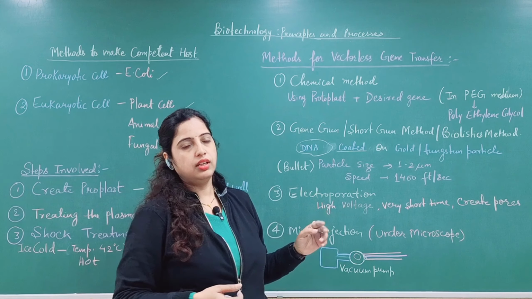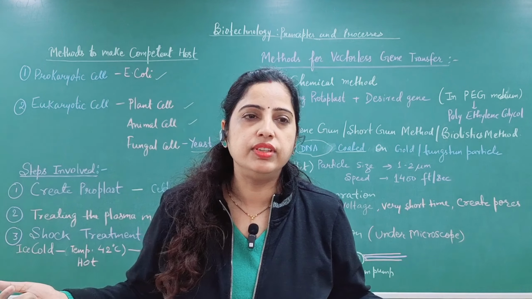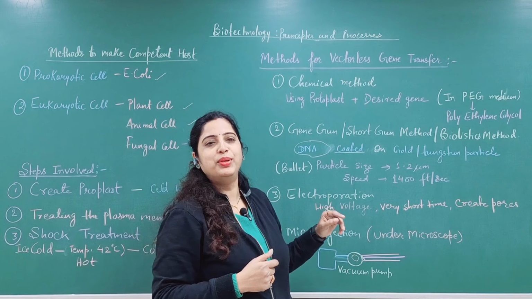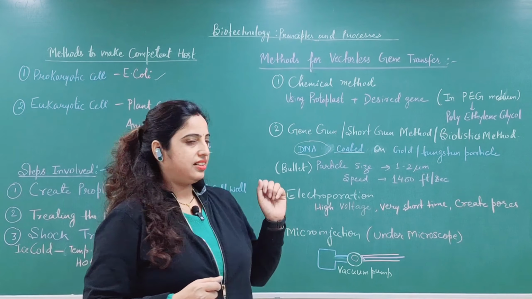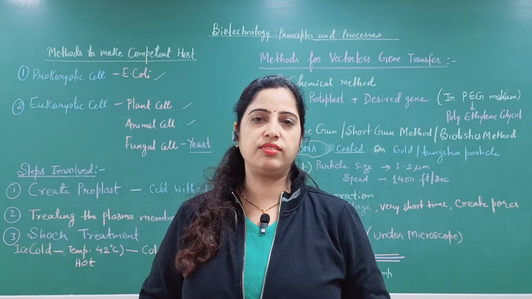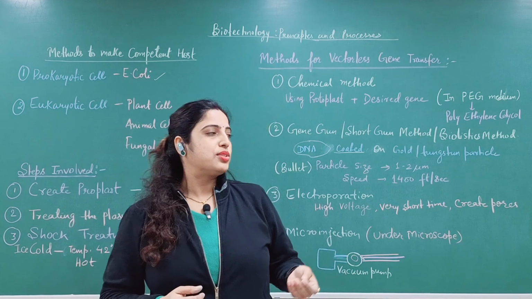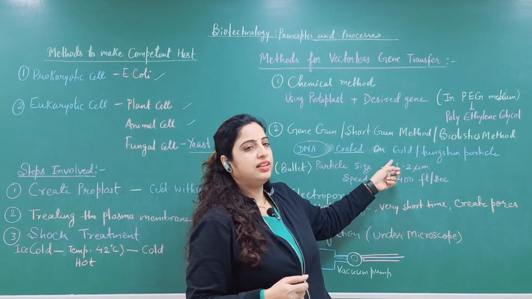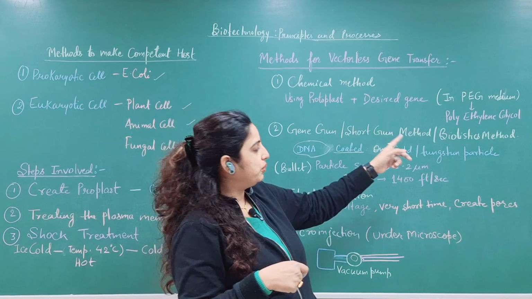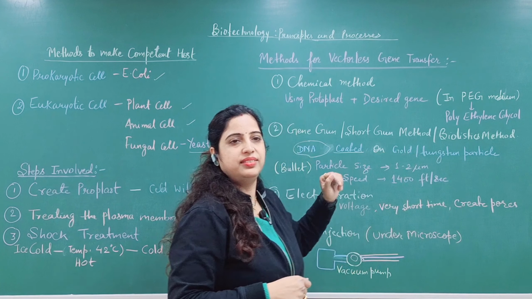Of course, a gun will do nothing without a bullet, isn't it? Let's make the bullet. It is a bit costly process because you need gold. You know the rates of gold nowadays. So the gold, and if you are not able to purchase gold, you can take tungsten as well.